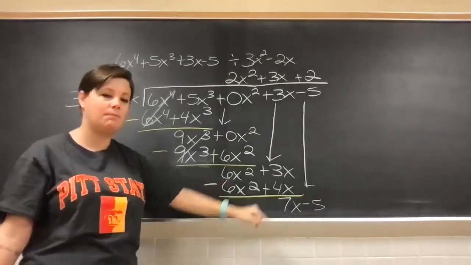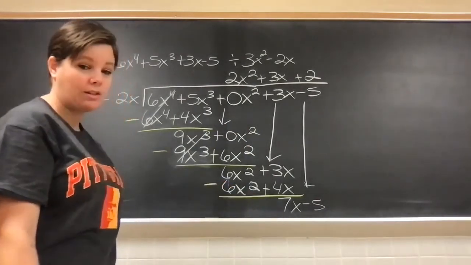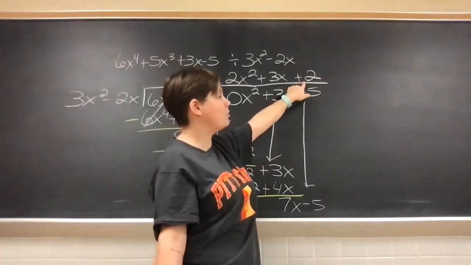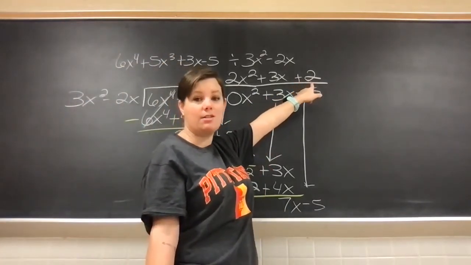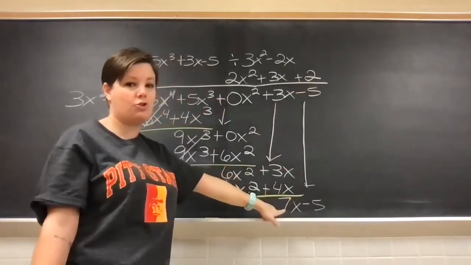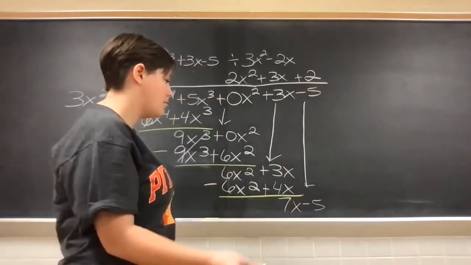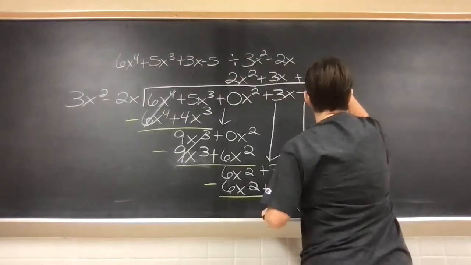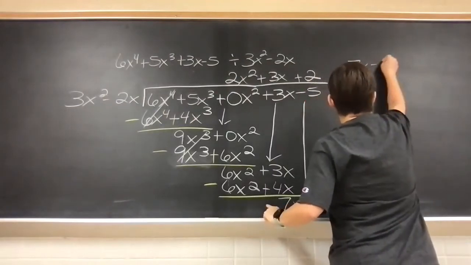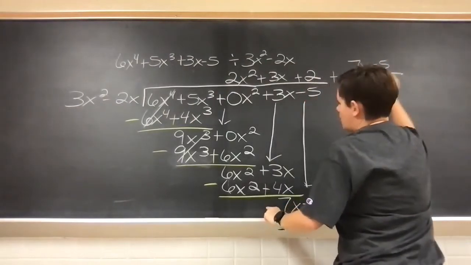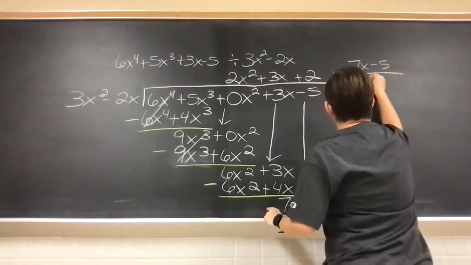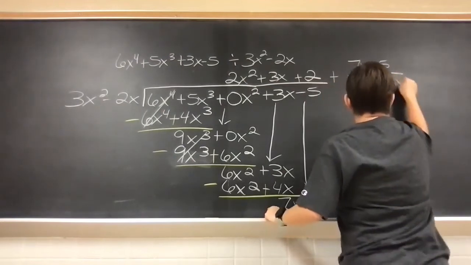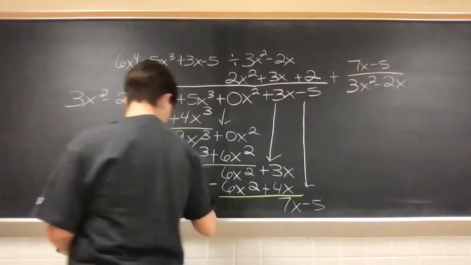That's not going to happen. You also can kind of know that's not going to happen because my last one was just a constant value. So that means my next thing should be my remainder. And that is true. So I'm going to take this plus 7x minus 5, and I'm going to stick that all over the 3x squared minus 2x.